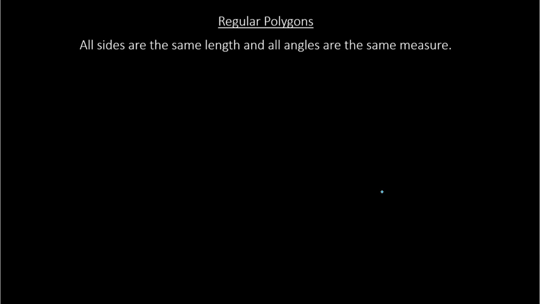Now another way we can categorize polygons is by the way the shapes look. All right, so we have what's called a regular polygon. A regular polygon is a polygon where all the sides are the same length and all the angles are the same measure.